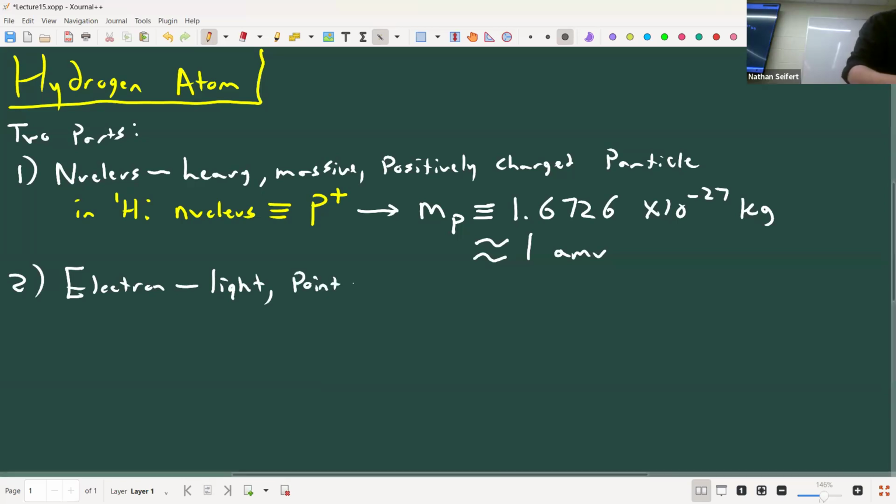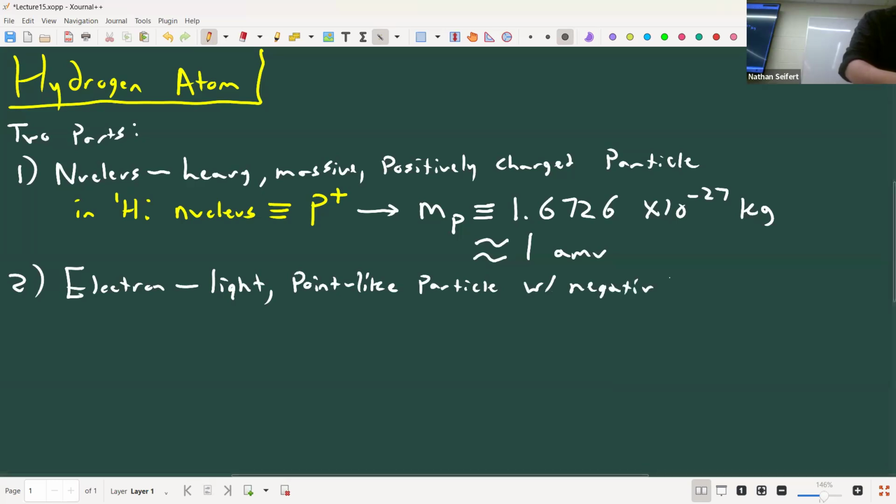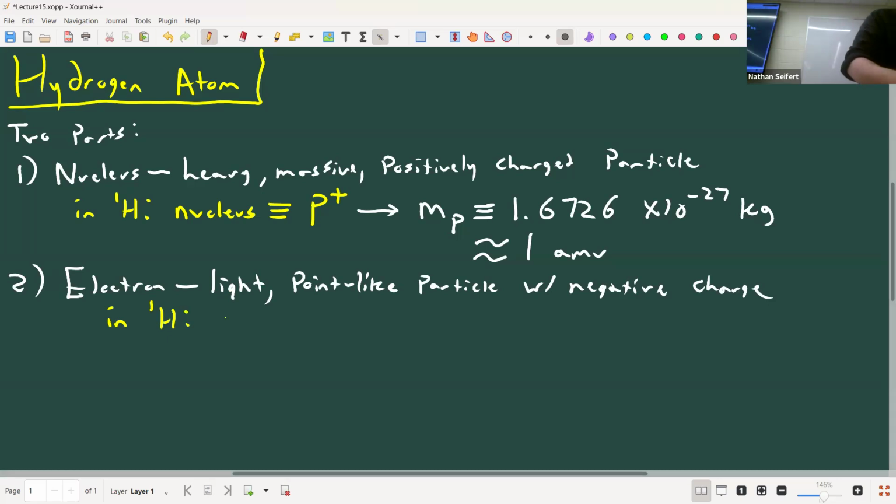We discussed that a long time ago, that electrons don't have any shape. A particle with a negative charge. I apologize if this sounds completely trivial to you, but it's important to be explicit about these things.